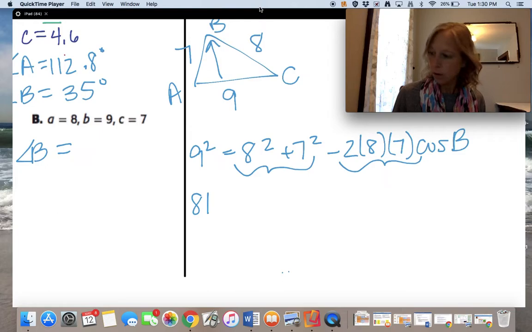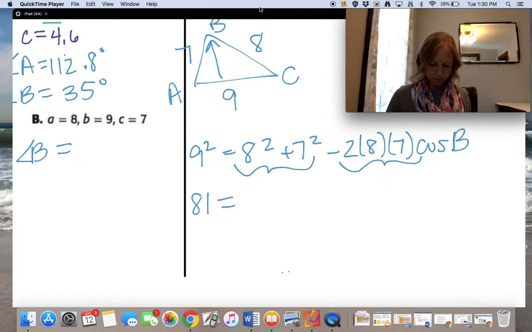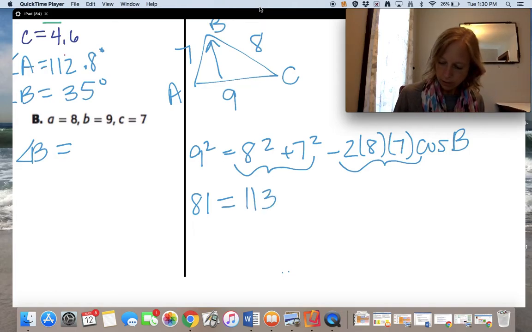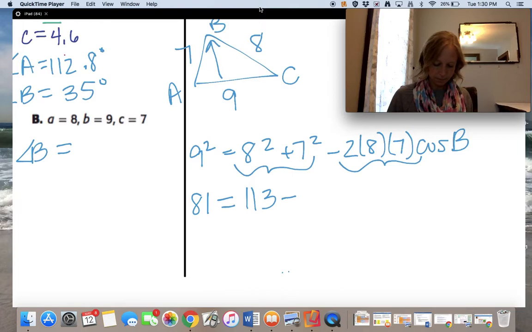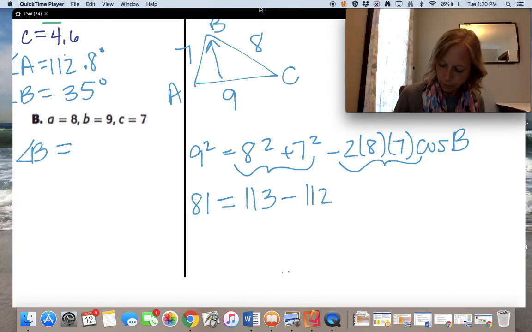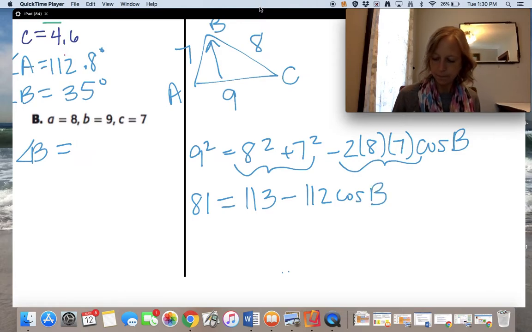I have 81 equals 64 plus 49, 113, minus 112 cosine B.